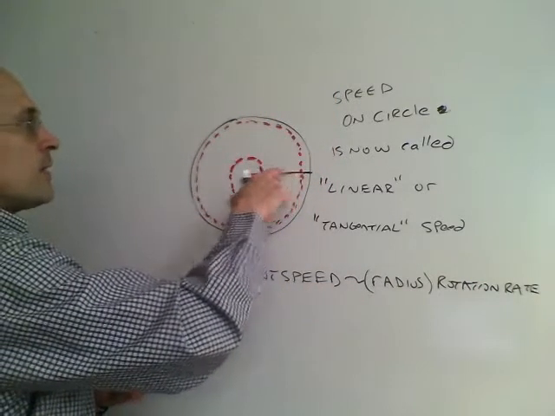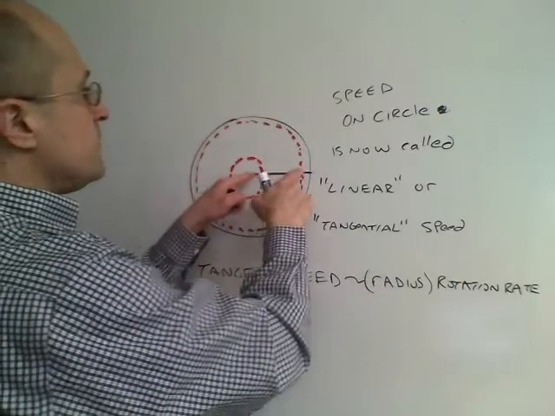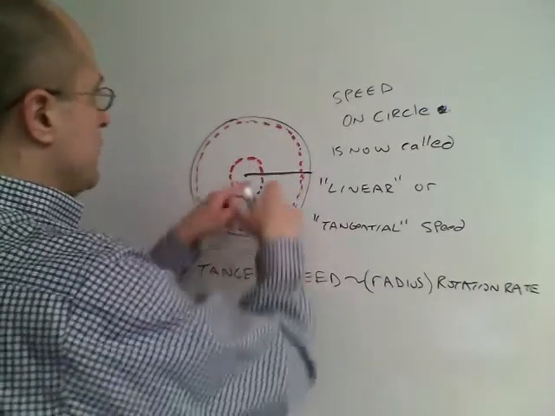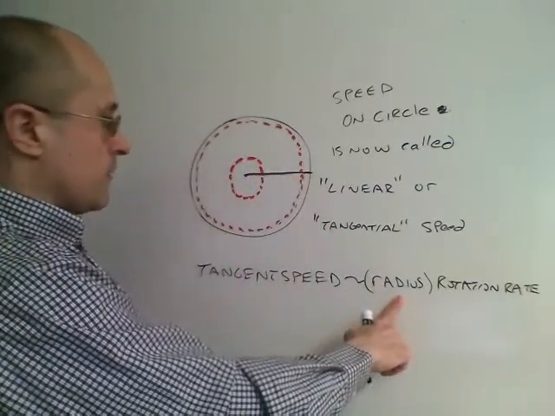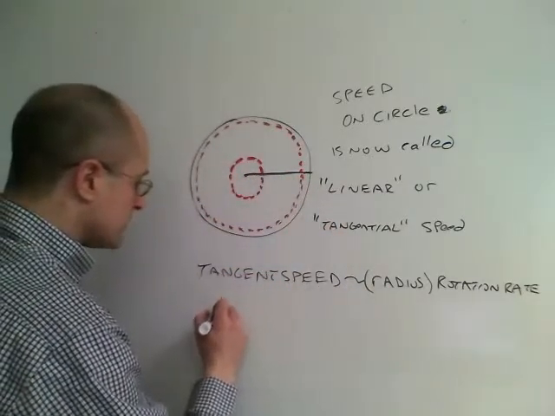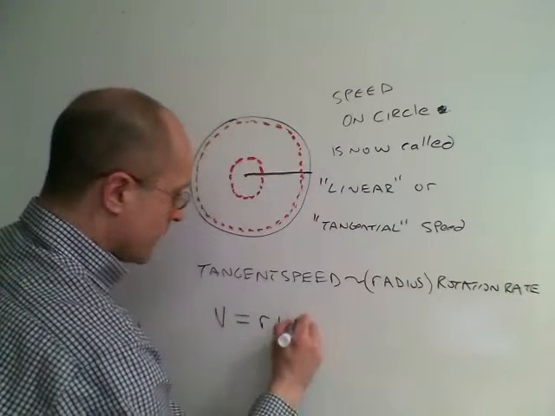Because this out here and this in here are rotating at the same speed, but they have different linear speeds. And the only difference between these 2 points is how far they are away, their radius. So when we have this equation, it's v is equal to r times omega.